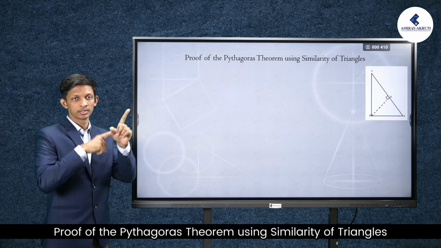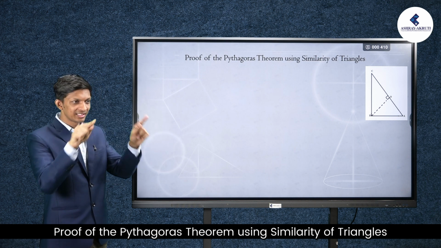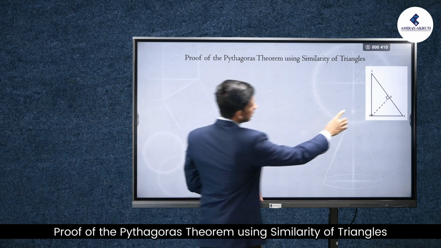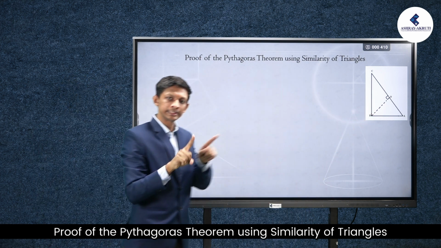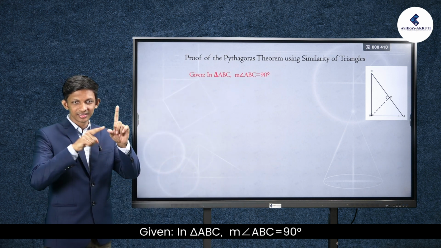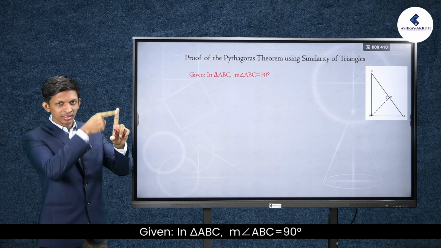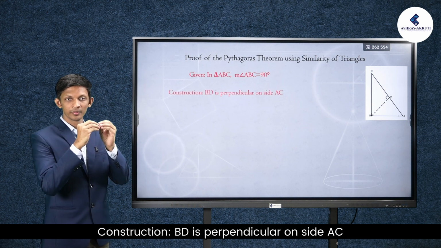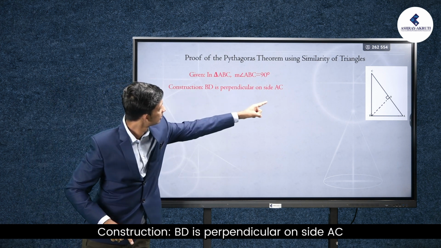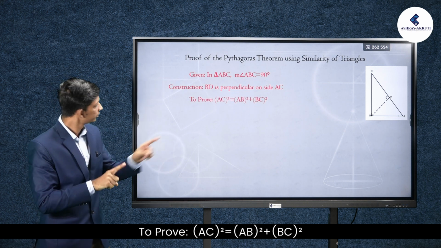Proof of the Pythagoras theorem using similarity of triangles. Given in triangle ABC, angle ABC is equal to 90 degrees. Construction: BD is perpendicular on side AC. To prove AC square is equal to AB square plus BC square.